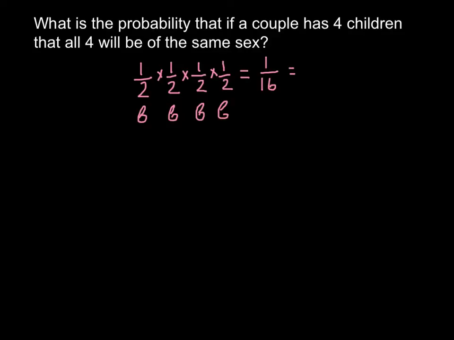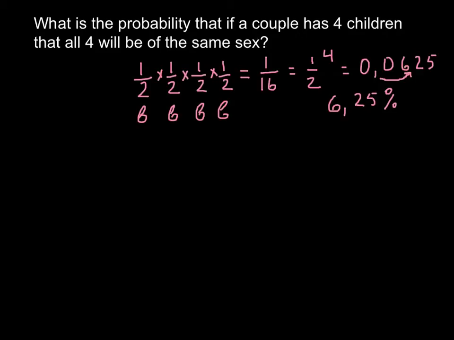We can also express it as 1/2 raised to the 4th power, or when we divide 1 by 16, we get 0.0625. Or we can move the decimal point 2 places to the right, and we will get a percentage of 6.25%. It is up to you what you prefer to use.